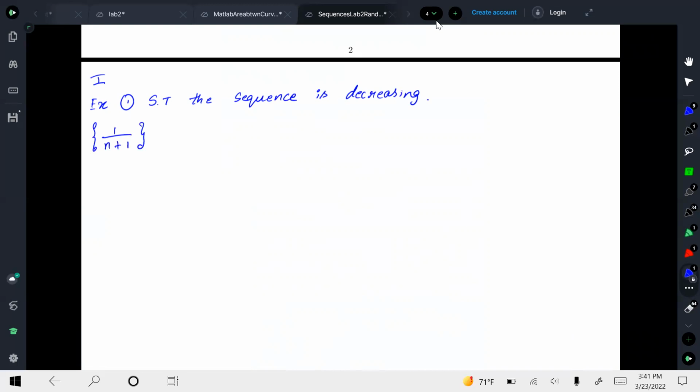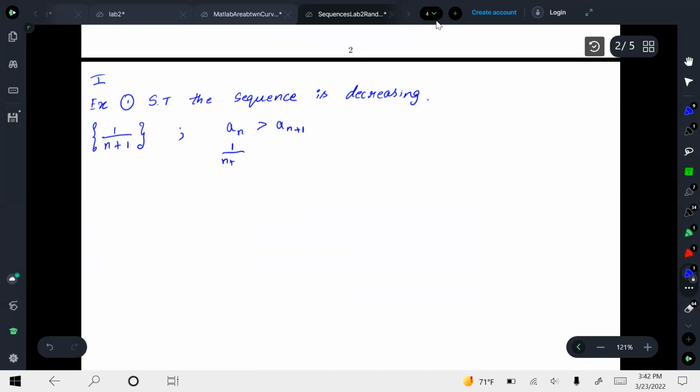Now, as I said in the beginning, if a sequence is decreasing, you need to satisfy this condition, an greater than an plus 1. We know that an is 1 divided by n plus 1, so what is an plus 1? It will be 1 divided by n plus 1 plus 1. So we get 1 divided by n plus 1 greater than 1 divided by n plus 2.